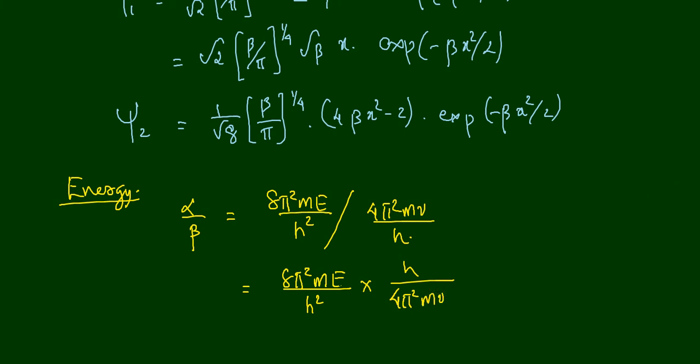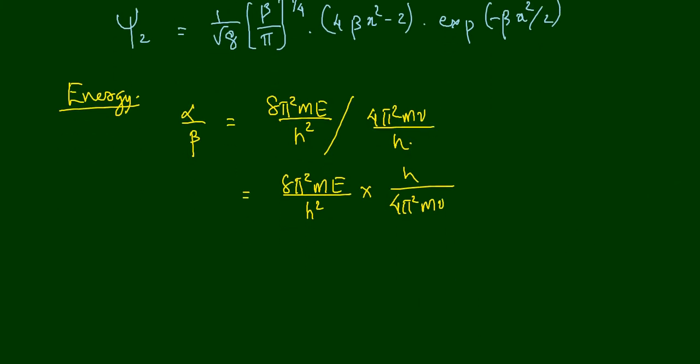Okay, so what are the terms that we can cancel? 8 and 4 are cancelled, then we get 2 here, and pi square and pi square are cancelled, h square and h are cancelled, and we get h in the denominator, m and m are cancelled.